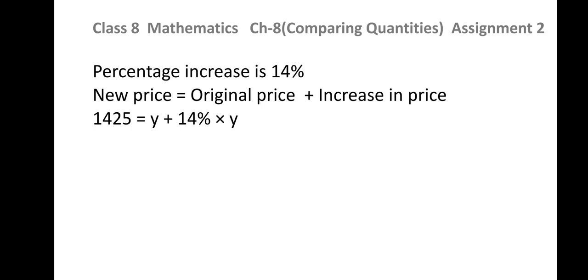Obviously, whenever we are getting the new price of an article or any other thing given to you, then you are supposed to first take the original price and then add the increase to the original price, and then only you will be getting the new price of a particular article. So it will be 1,425 is equal to y plus 14% of y.